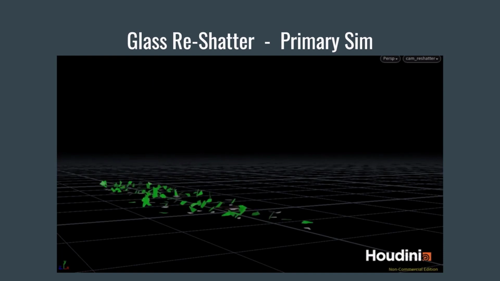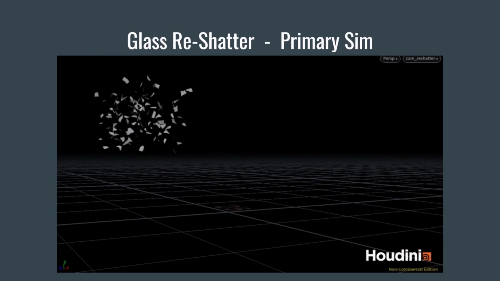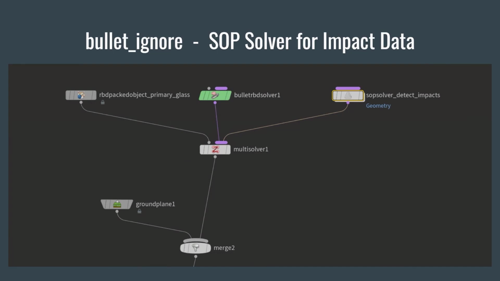Now, to freeze those pieces on impact, I'm adding a SOP solver and wiring both the bullet solver and the SOP solver into a multi-solver.